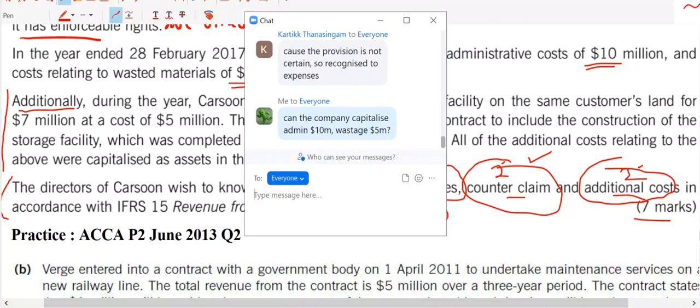So I'm here to check with you. Can the company capitalize admin cost 10 million? Cost of wasted material, another 5.